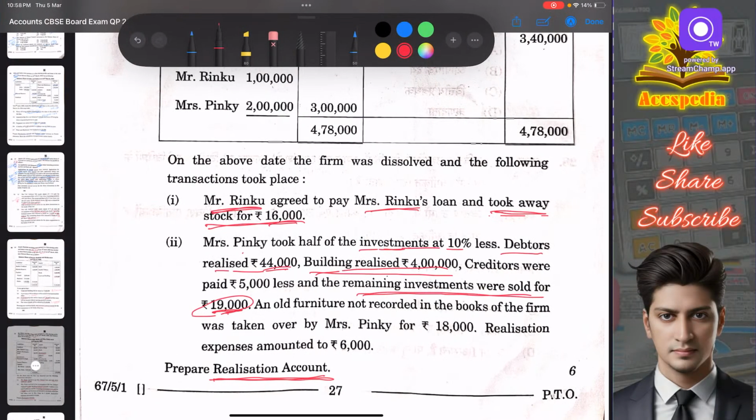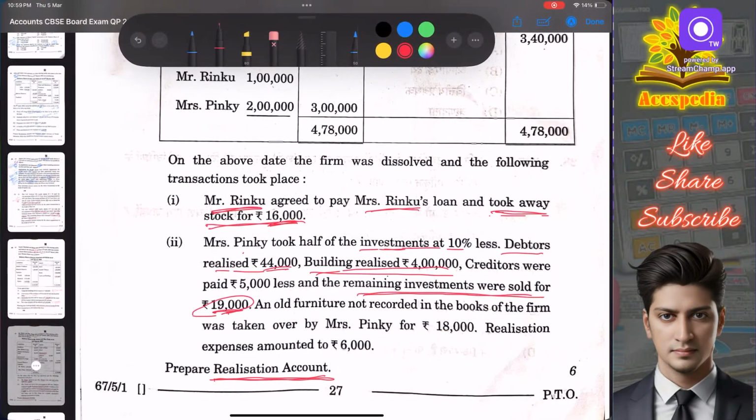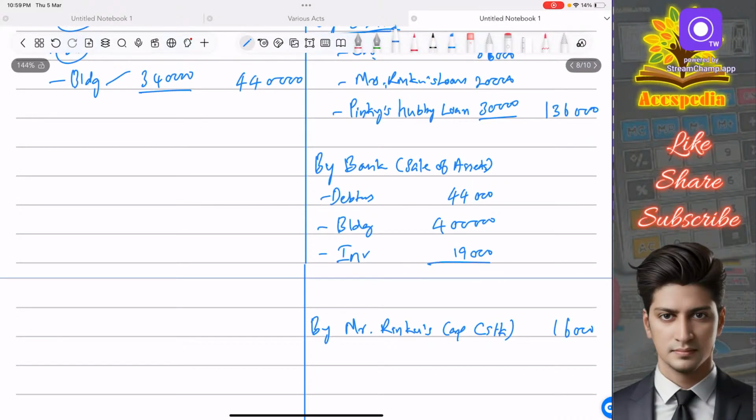He took stock 16,000. That's it. No more taken over by Rinku. So only stock 16,000. Okay, this we have to total up. Work out 4 lakh 40 50 63.